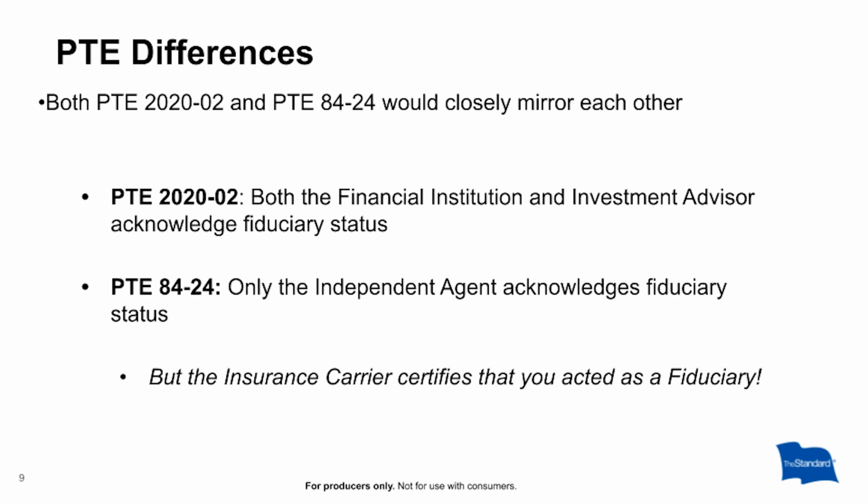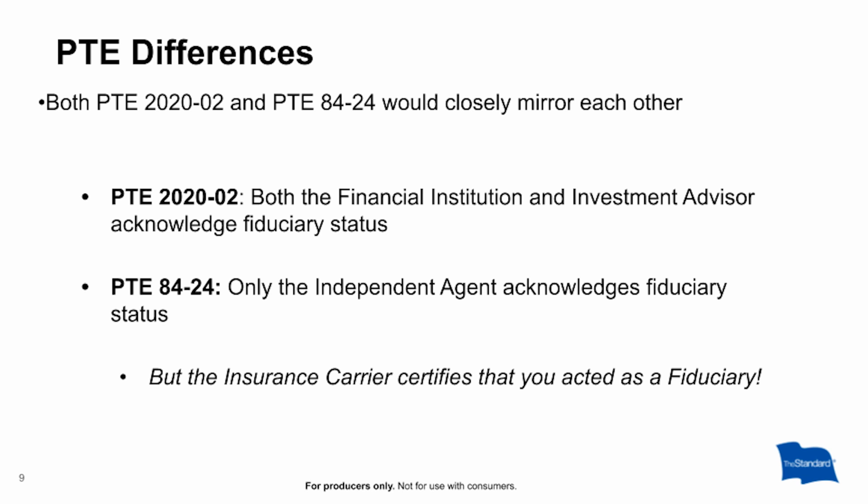If you are a securities person, both you and your broker-dealer are going to be co-fiduciaries to this account. But here's the thing. For you, if you're an insurance-only person, it's up to you. You're basically self-policed. But what's interesting, the insurance company's not going to be a co-fiduciary, but they are going to certify that you acted as a fiduciary.